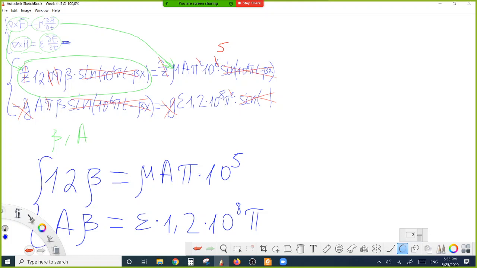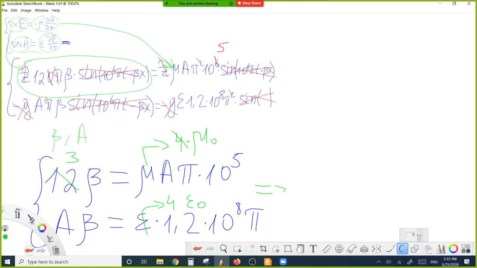So we have a system of equations. It's simple. Mu is 4 multiplied by mu 0. We may simplify 12 and 4 as well; here remains only 3. Epsilon is 4 multiplied by epsilon 0.